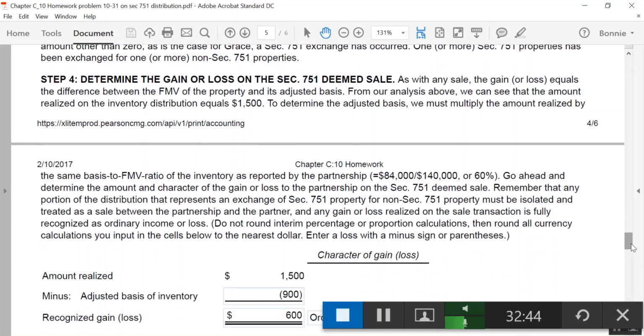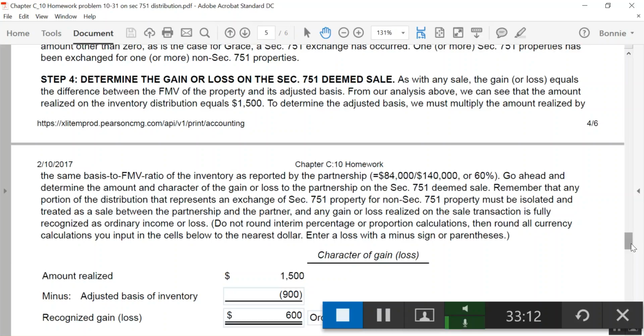She's realizing the $1,500 because actually the partnership in this case is deemed to be selling the inventory to her and in exchange for $1,500 that she's giving up.